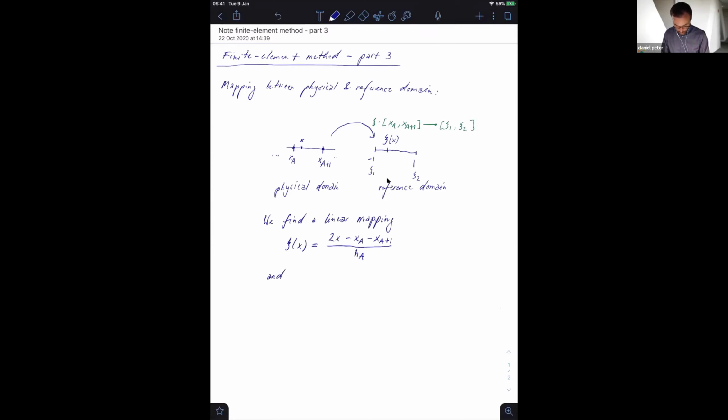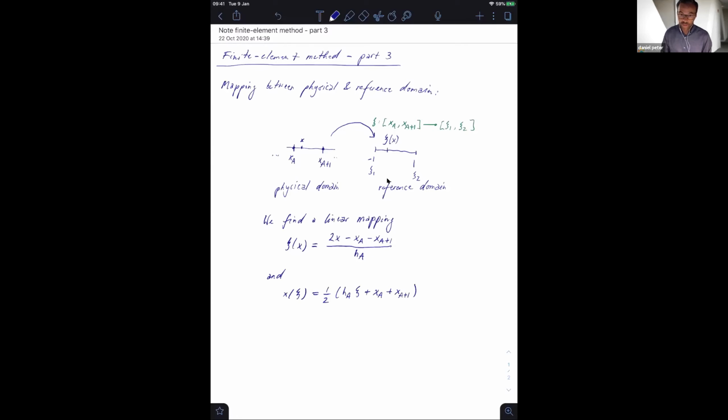And the inverse would be x of xi, which would be 1/2 over ha times xi plus xa plus xa plus 1.